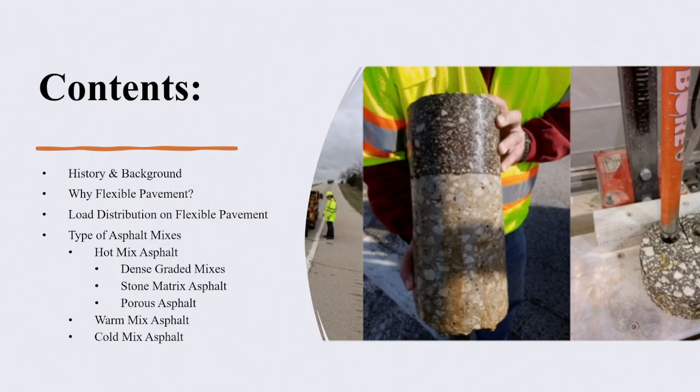Some states now allow the use of geotextiles and geogrids to enhance the subgrade resistance, or simply you can shift into rigid pavement, which acts like a beam and distributes the loads on a much larger area, which results in a smaller stress.